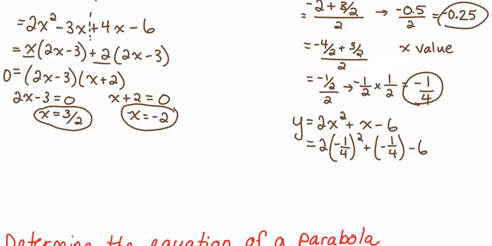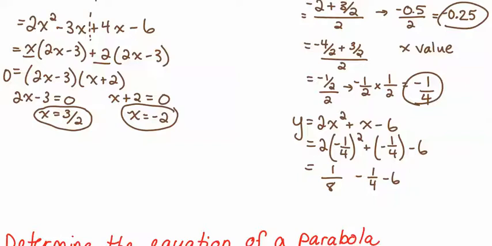So negative 1 over 4 squared would be 1 over 16. I'll just change that to minus a quarter minus 6. And 2 times 1 over 16 would just be 2 over 16, which is the same thing as 1 over 8. Just going to switch it to that.